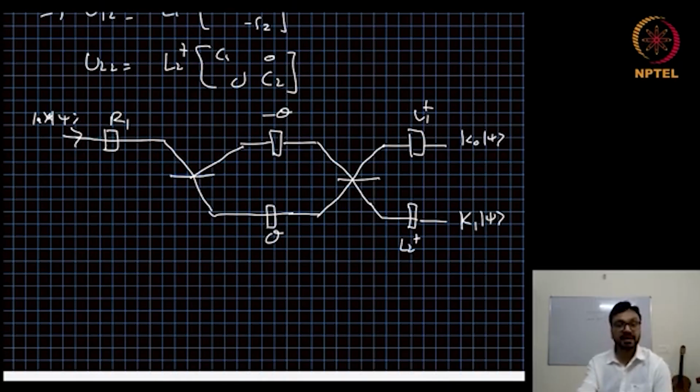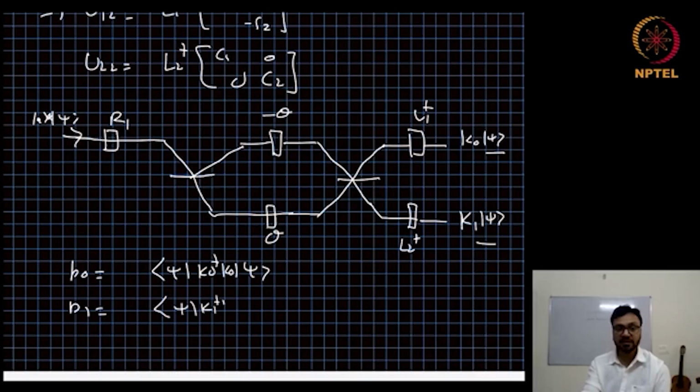So if we just detect the number of photons coming in the upper mode or the lower mode, that will give us the probability P0, which is psi K0 dagger K0 psi, and P1, which is psi K1 dagger K1 psi. In that way, we can implement these two POVM effects when the measurement operators were given to us. We can generalize this scheme to any number of POVM elements in a set. So this is a very general scheme.